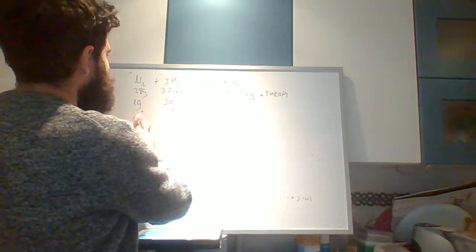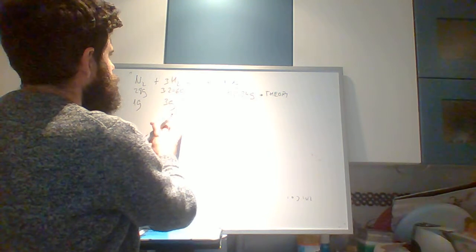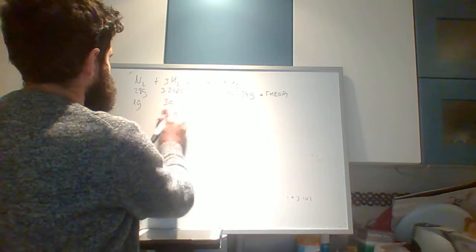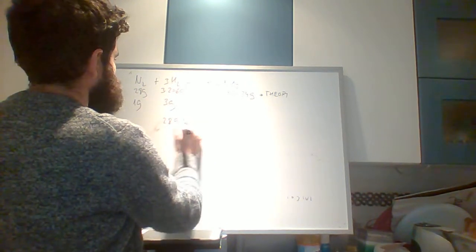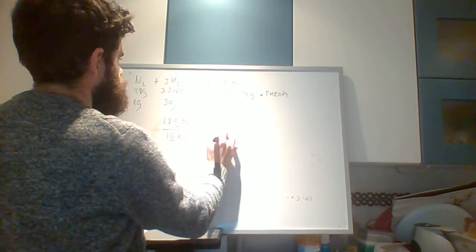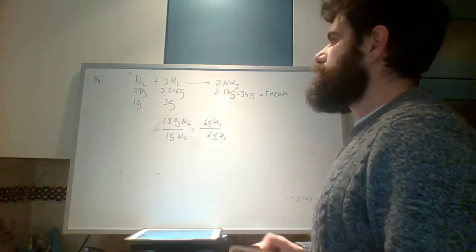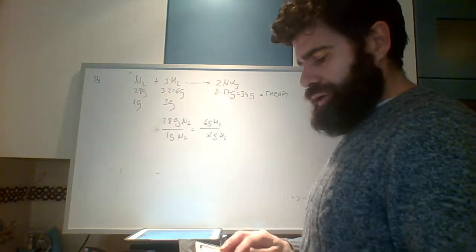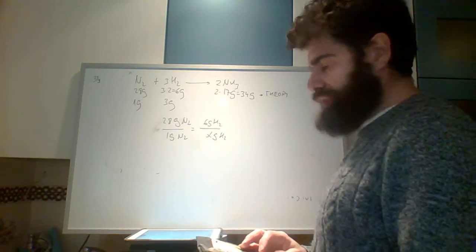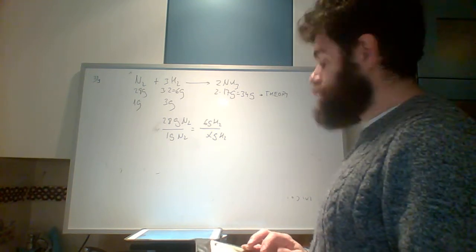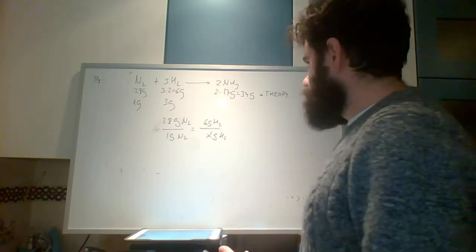And now the reality says, from 1 gram of nitrogen, how much hydrogen will we need? You can take a direct proportion: from 28 grams of nitrogen, we need 6 grams of hydrogen; from 1 gram, we will need X grams of hydrogen. It's obvious that it is not right, because from a higher mass, you need a lower mass. So you will have 6 divided by 28, which is 0.21.